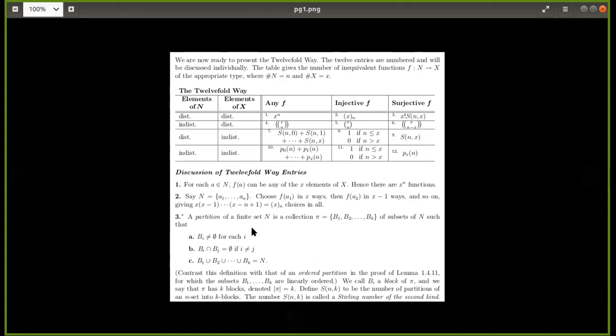A partition of a finite set n is a collection pi of blocks b1, b2, bk. So far we have been seeing partition of a number, right? Now you have partition of a finite set, correct?